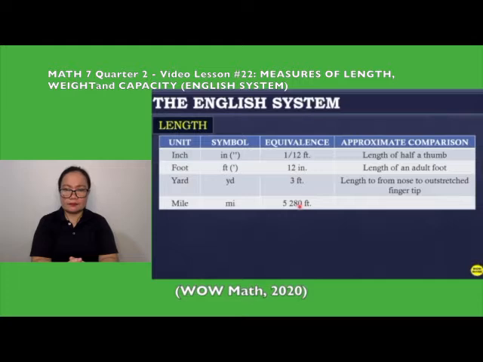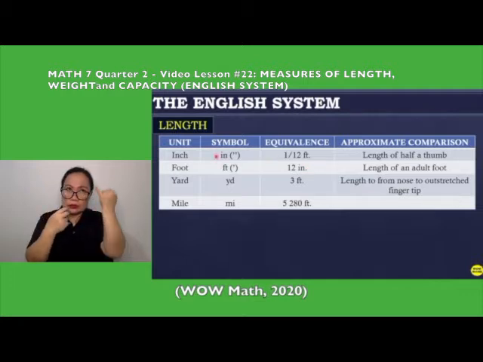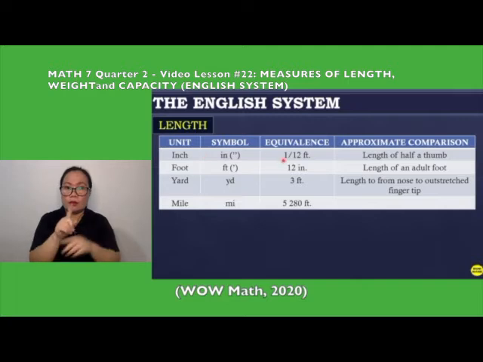Now, if you will try to imagine, to visualize the length of these units, so actually, itong 1 inch, which is also 1/12 feet, this is just approximation, this is actually near, malapit siya, yung sukat niya sa length of half of your thumb.